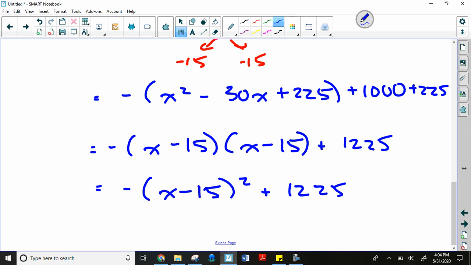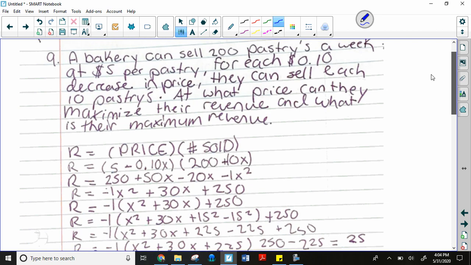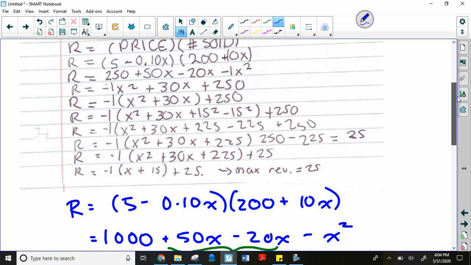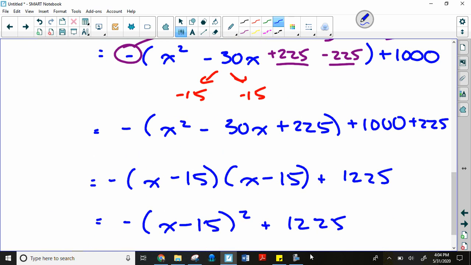And what's the question asking? Okay. Did the math. At what price can they maximize their revenue? And what is their maximum? So I need to find out this bracket for price. And then I have to find out the maximum that they make. Well, the maximum that they make is $1,225.